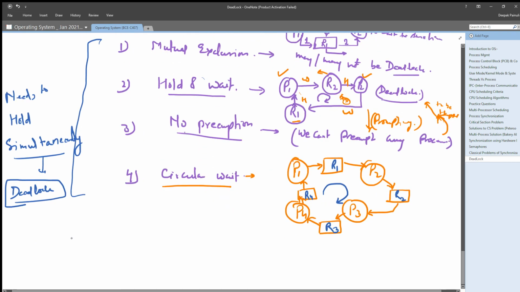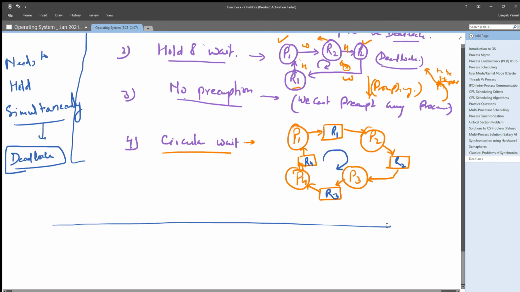Now let us discuss what techniques, or how many types of techniques, we have in the system to handle deadlocks.